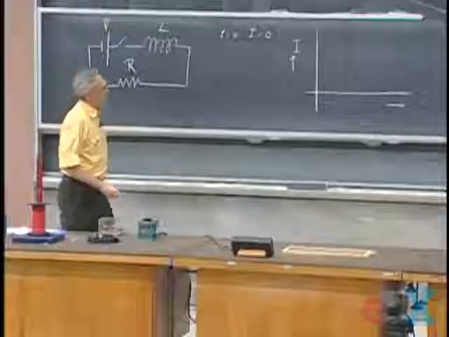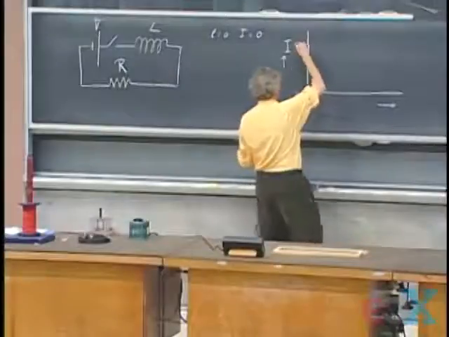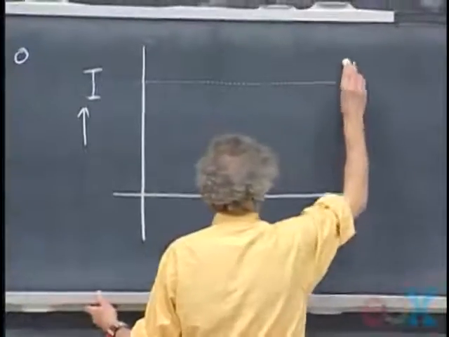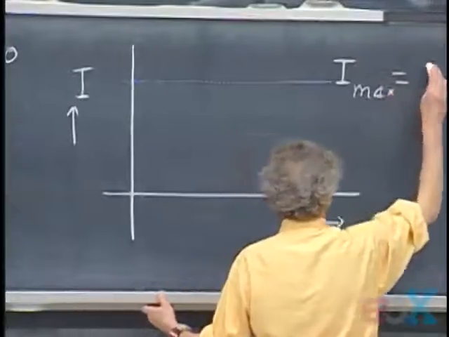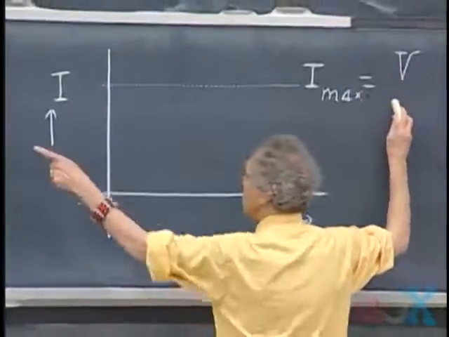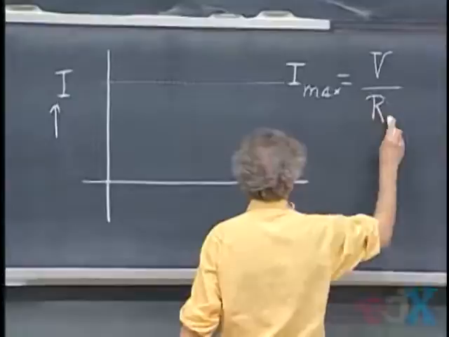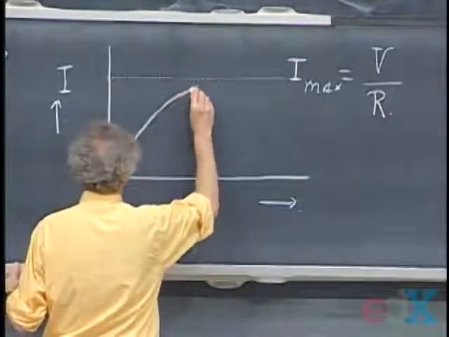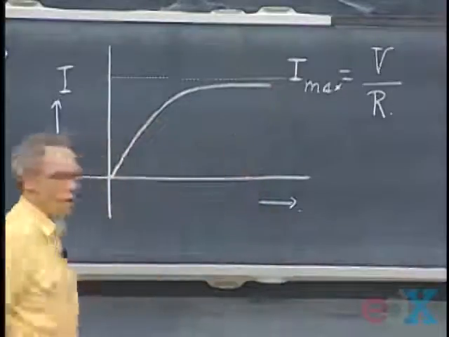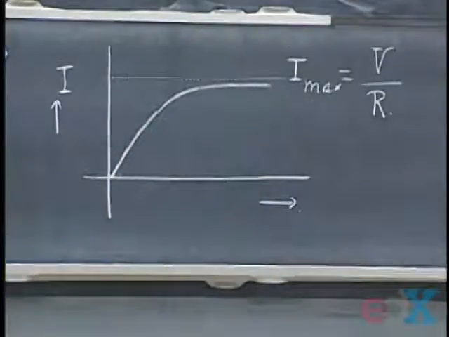You start out with 0, and then ultimately, if you wait long enough, you reach a maximum current, which is given by Ohm's law, which is simply V divided by R. And you slowly approach that value. And how slowly depends on the value of the self-inductance.